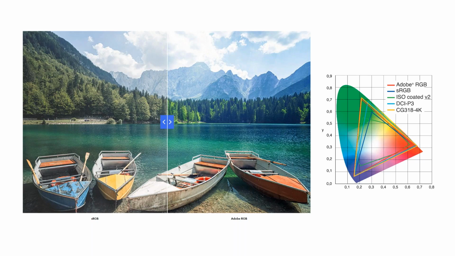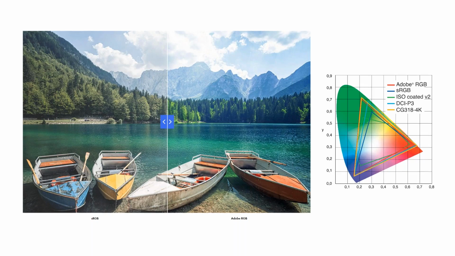All our monitors, with one exception, the CS230, which is only able to display the sRGB gamut, are able to display the whole Adobe RGB gamut with 99 point whatever percent.